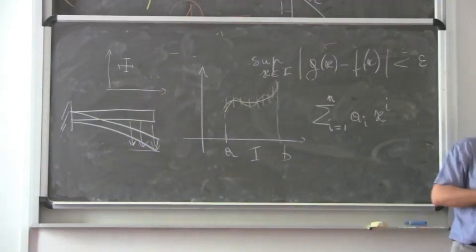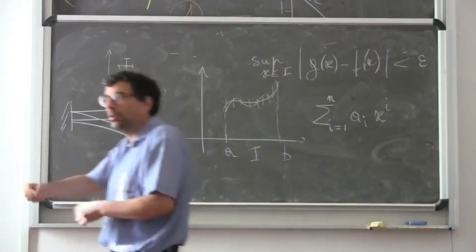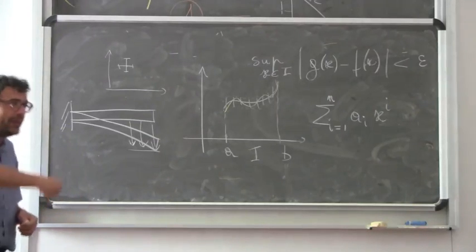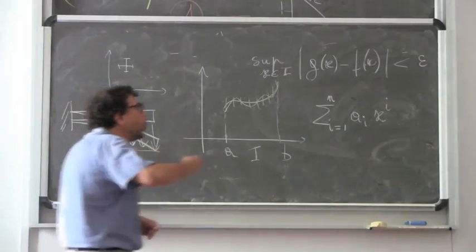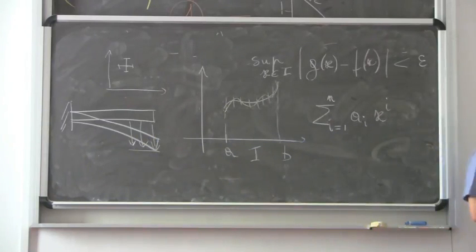For every real number, you find a sequence of rationals which are converging to the real number. For every continuous function, you have a sequence of polynomials which is going close to the given continuous function. Okay?